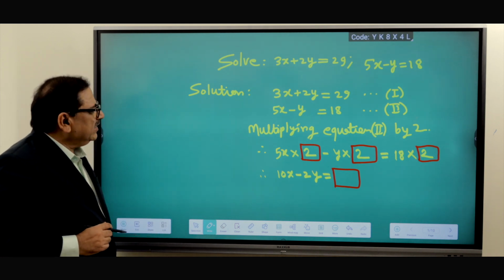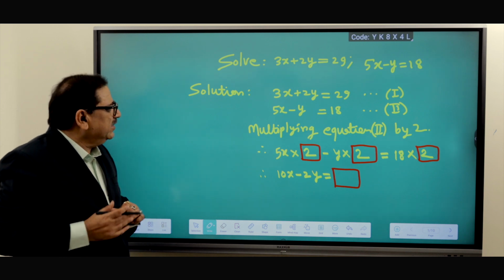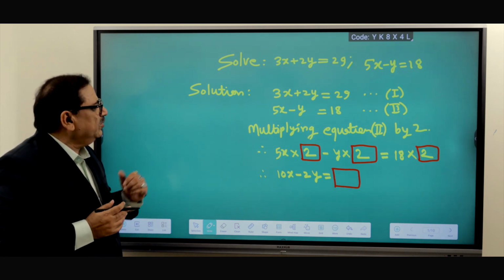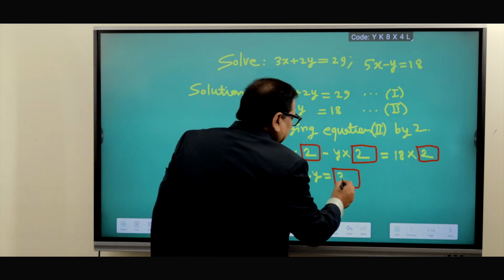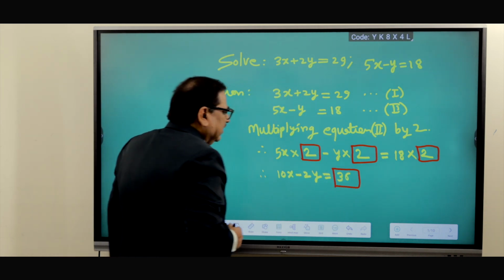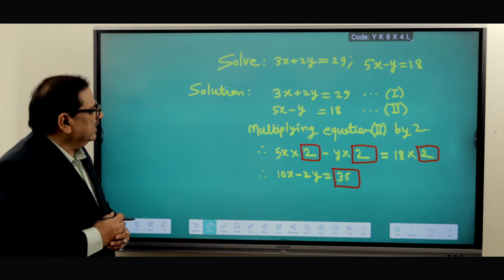Therefore 10x minus 2y, 5x into 2 is 10x, minus y into 2 is 2y, is equal to 18 into 2, that is 36. So 10x minus 2y is equal to 36.